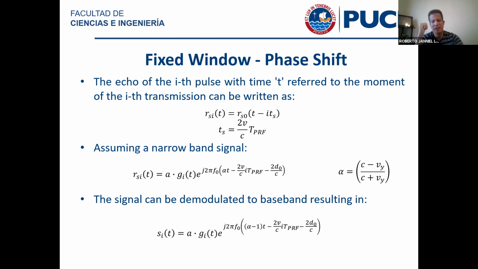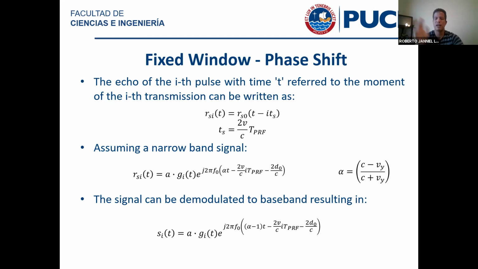Now you can demodulate this to baseband, which is probably quite irrelevant, but most of the time, remember, we have baseband signal. So we can re-encode this to be S sub i of t, which would be the amplitude, then the G sub i, which is just the envelope of the echoes, and then the e to the blah, and there's a factor of alpha minus 1, because in order to demodulate it, you multiply it by e to the minus j 2 pi f naught times t, right?